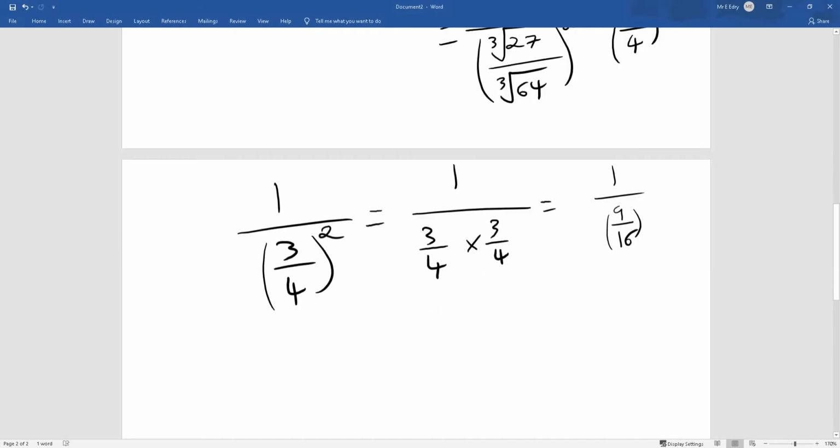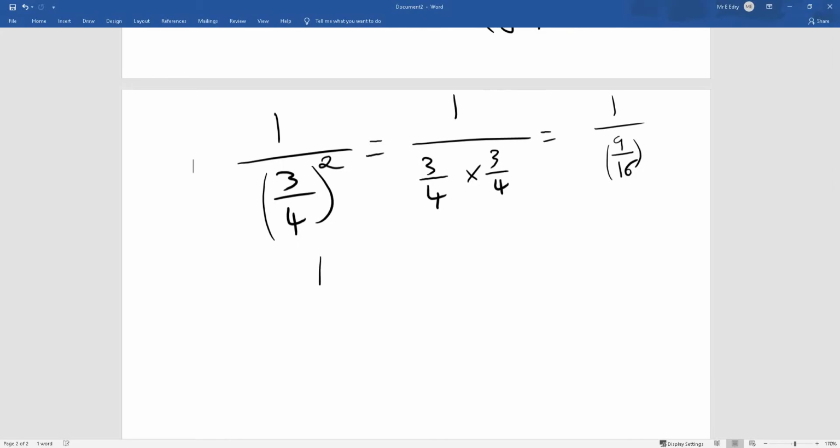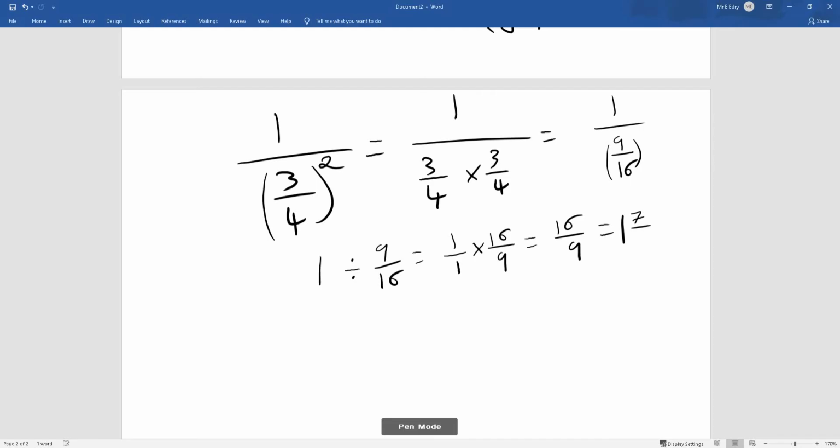But 1 over 9/16 is going to be 1 divided by 9/16, which is 1 over 1 times 16 over 9, which is 16/9, which we could say is going to be 1 and 7/9.